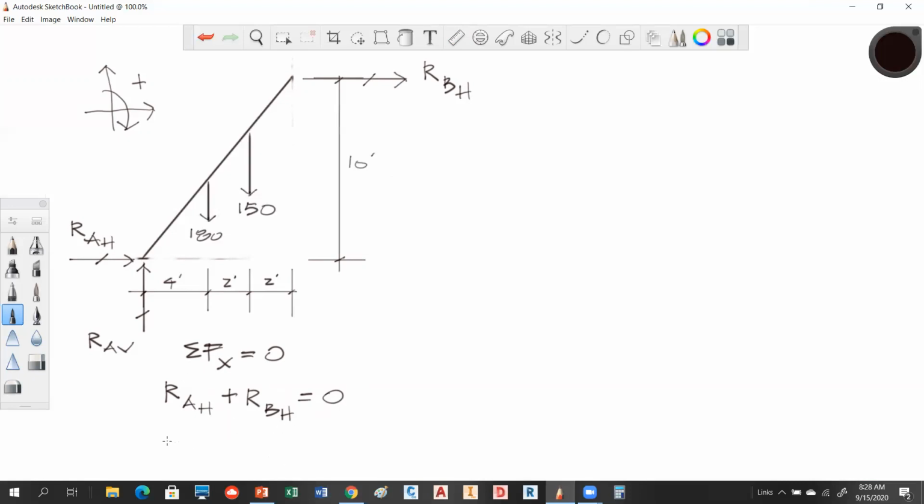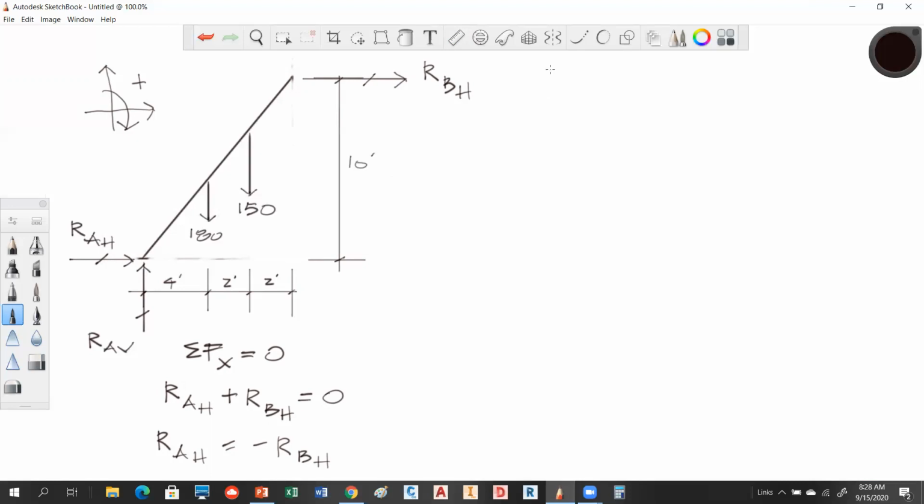So what that means is our AH is going to be equal to a negative RBH. What that indicates, and we'll figure this out, is that we went the wrong way with one of these. Not a big deal, though. We're not going to worry about it. Is everybody okay with that?